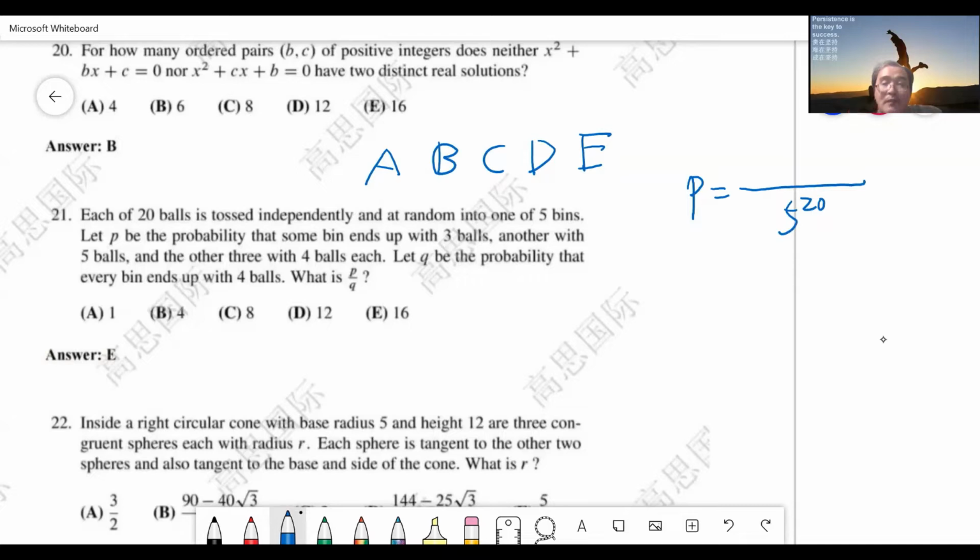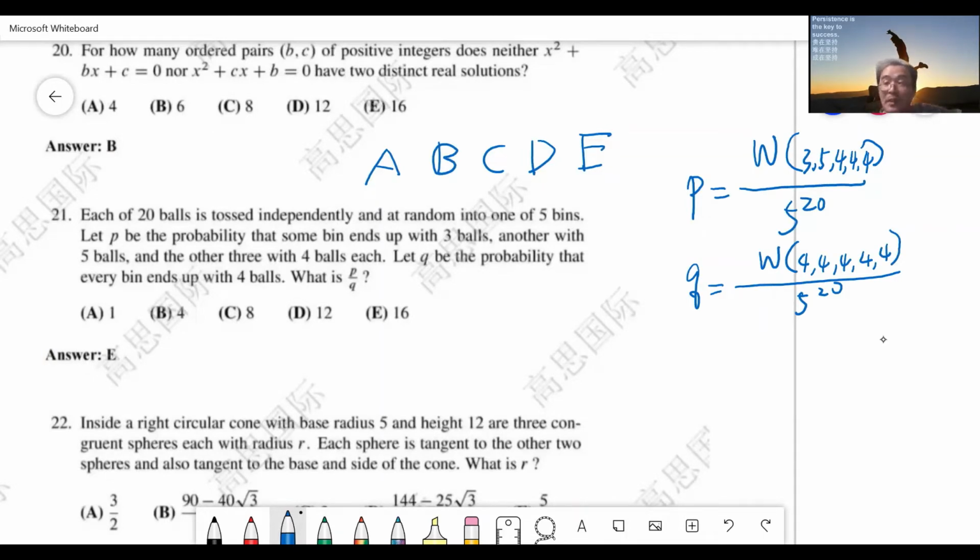Then for the numerator, we're going to have the number of ways, so we'll call the function ways, with the combination 3, 5, 4, 4, and 4. What about Q? Similarly, the total is 5 to the power 20, and the number of ways is 4, 4, 4, 4, and 4.